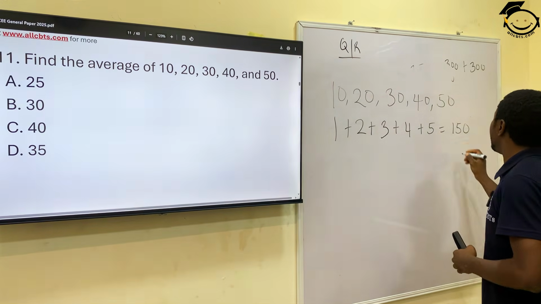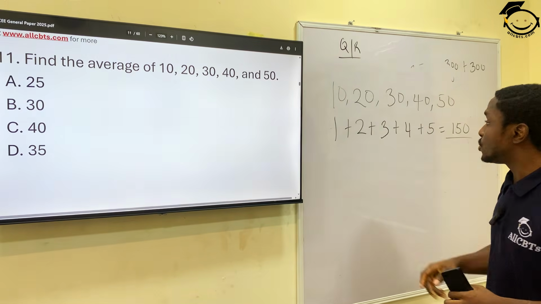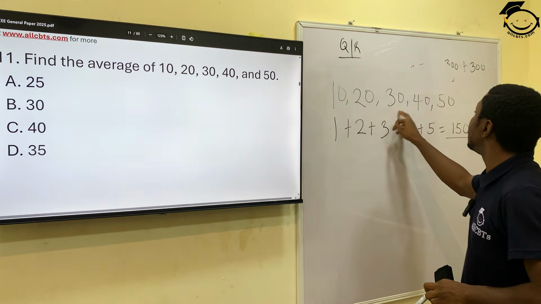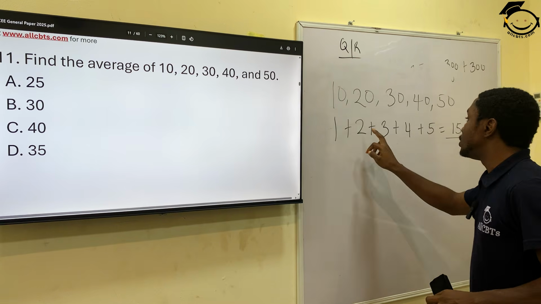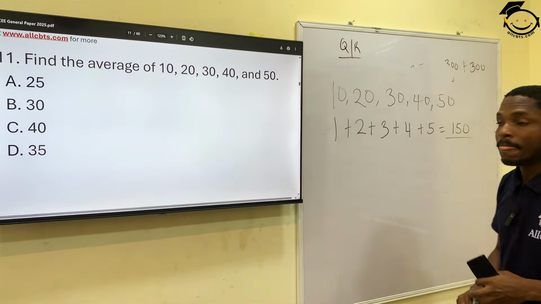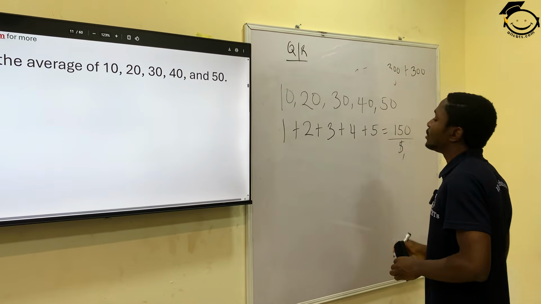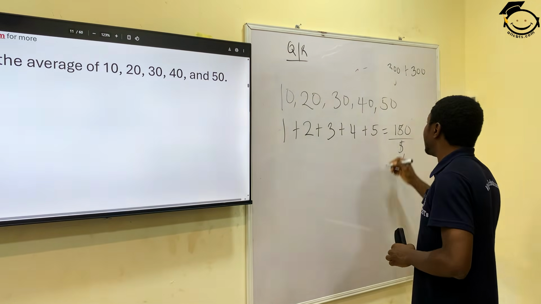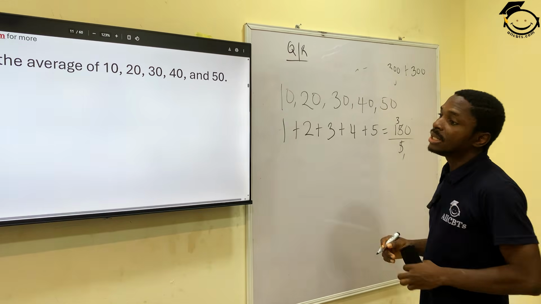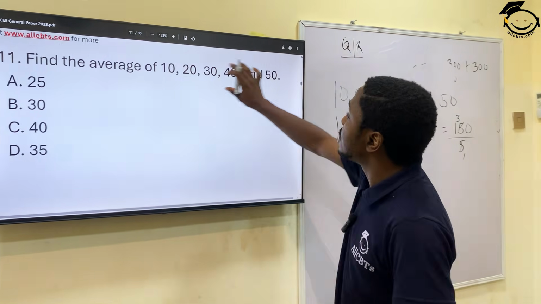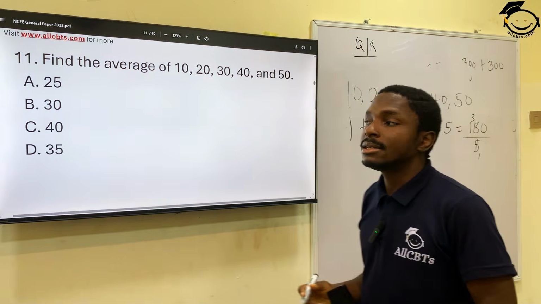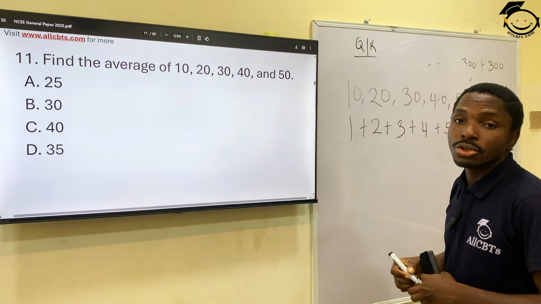That's 150. Over how many numbers do we have? 5. So 150 divided by 5, 15 divided by 5 is 3. So the average of these numbers is 30, which is option B.